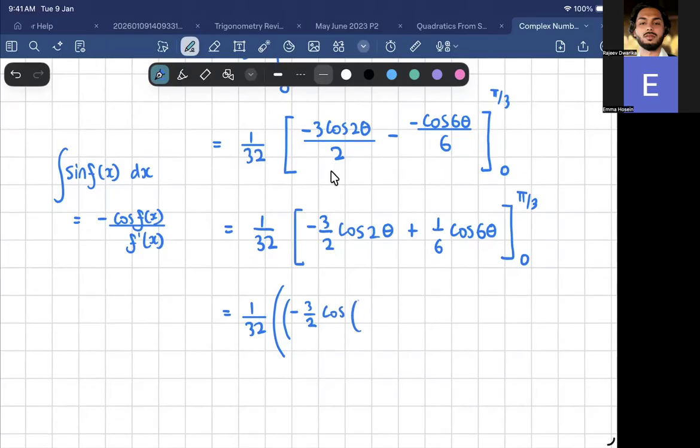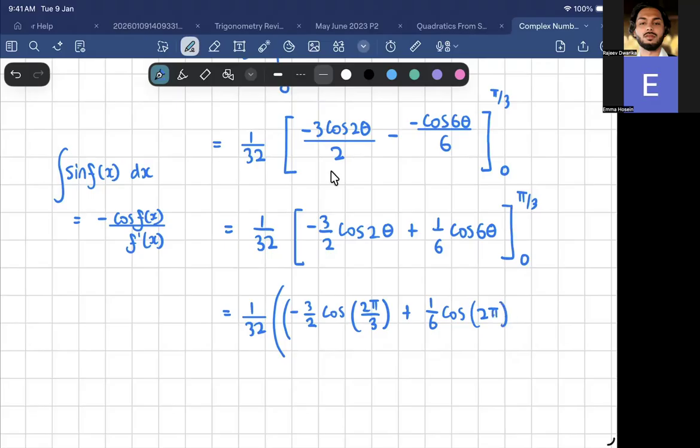So anywhere I see theta, I'm just going to plug in the upper limit first, then minus the lower limit. So that's going to be 2 pi over 3, but plus 1 over 6 cosine. So if you have 6 pi over 3, 3 into 6 is 2, so that'll just be 2 pi.